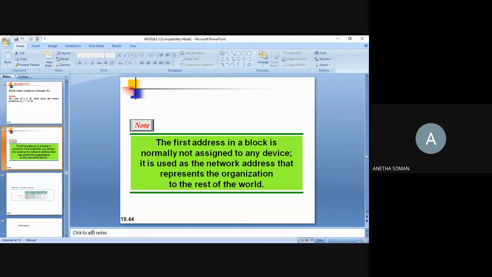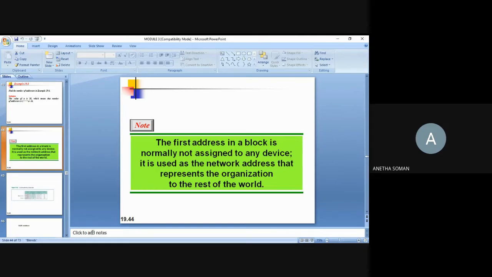Through that network address, the whole network is identified by the outside world, so it represents the organization to the rest of the world. What I told you is about classless addressing. When you compare classless addressing with classful addressing, it is of variable length block.